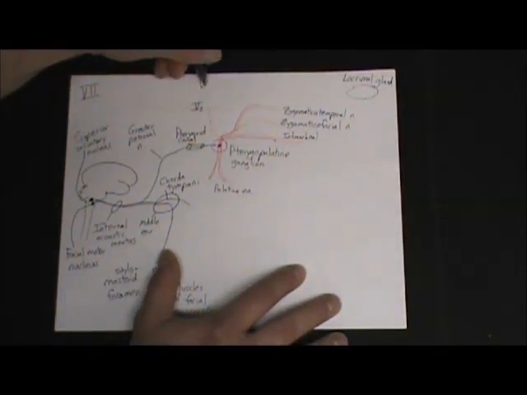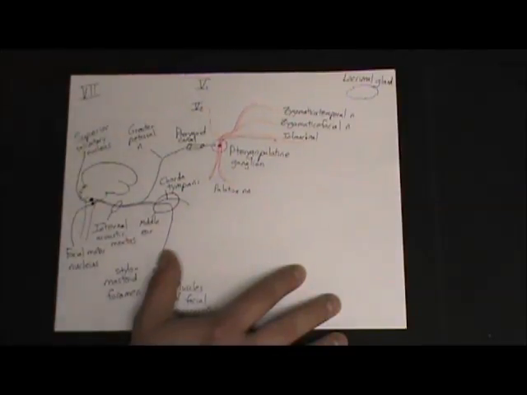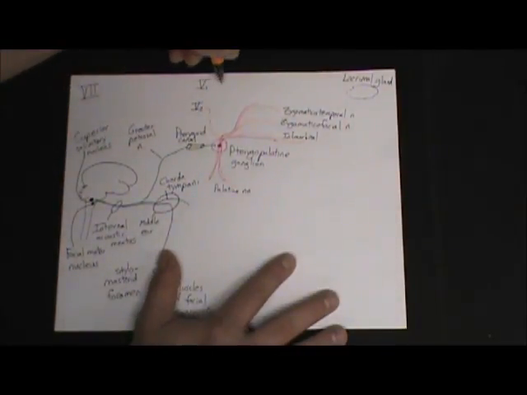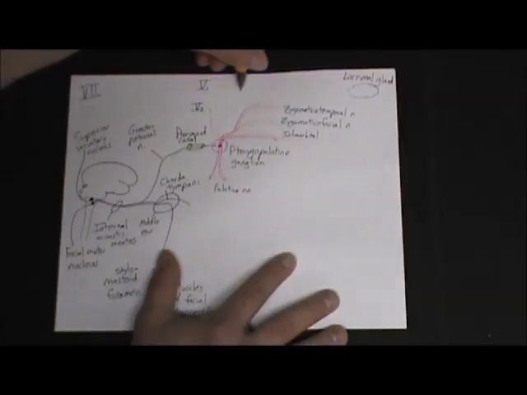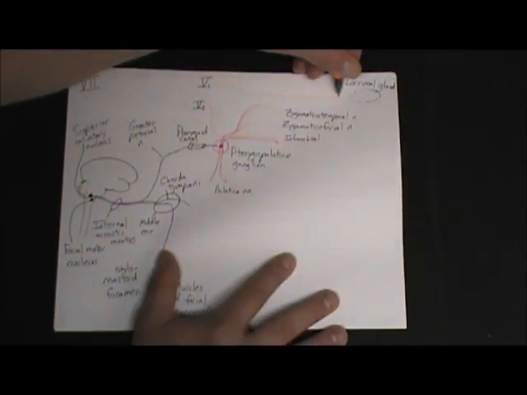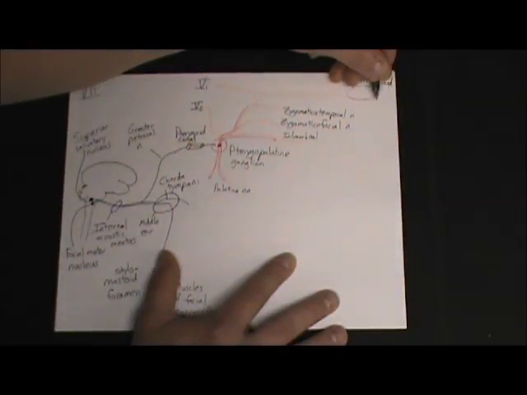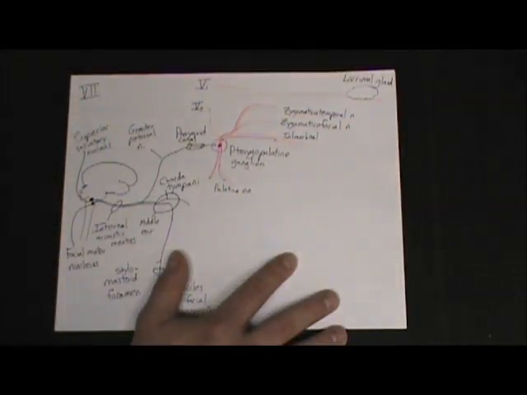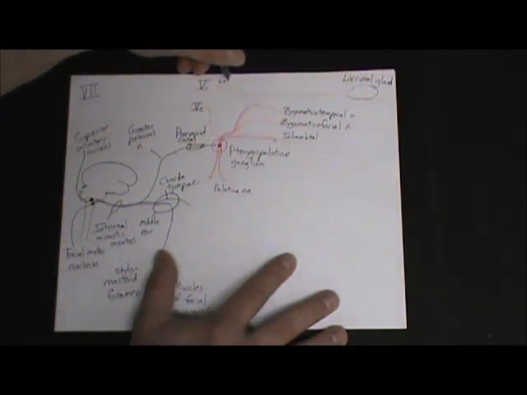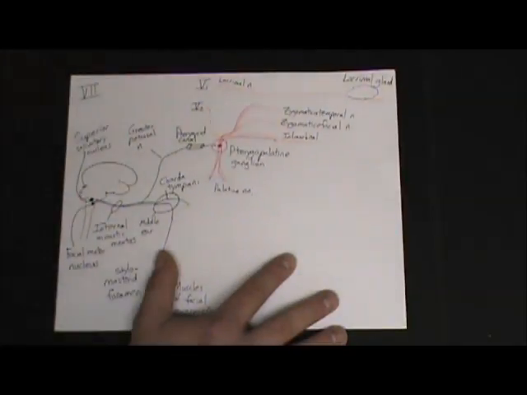For whatever reason, we've got another branch of the trigeminal nerve, the lacrimal nerve, which is a branch of the ophthalmic division of the trigeminal, passes nearby to get to the skin just outside the orbit. So that is the lacrimal nerve, which is a branch of the ophthalmic division of the trigeminal.